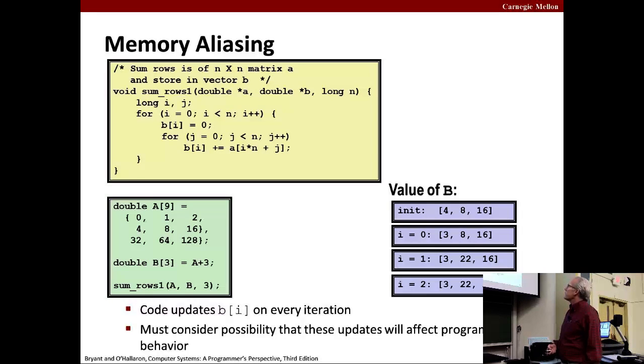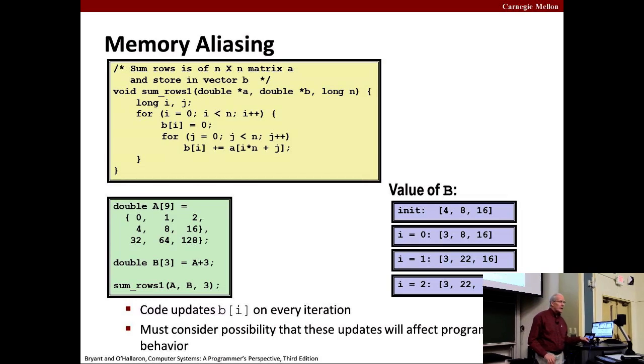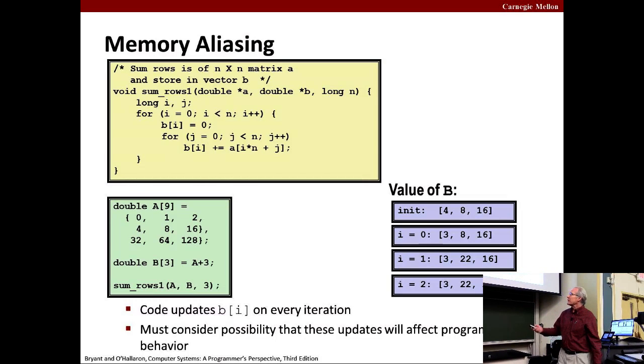Well, the reason is because in C you can't be sure that there isn't what's known as aliasing, and I'm demonstrating it here. Imagine if row B is just declared to be... okay. So imagine, and you can do this in C, this is legal C code, you can make one memory data structure overlay another data structure.